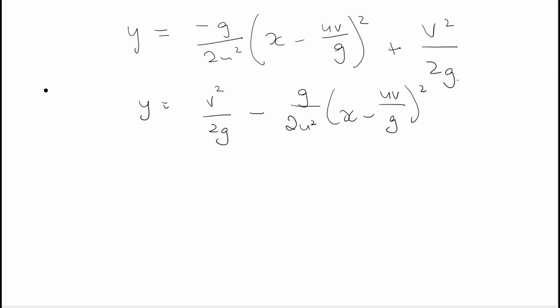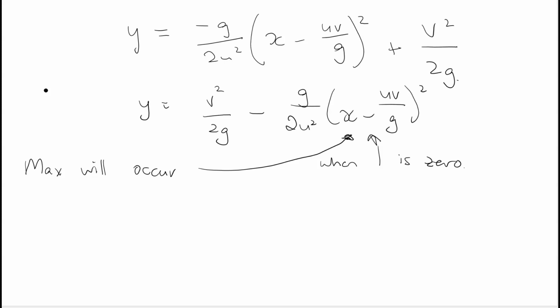Like that. Okay, the maximum is going to occur when this bit is 0. And that occurs when x minus uv over g is equal to 0, so x equals uv over g at the max.